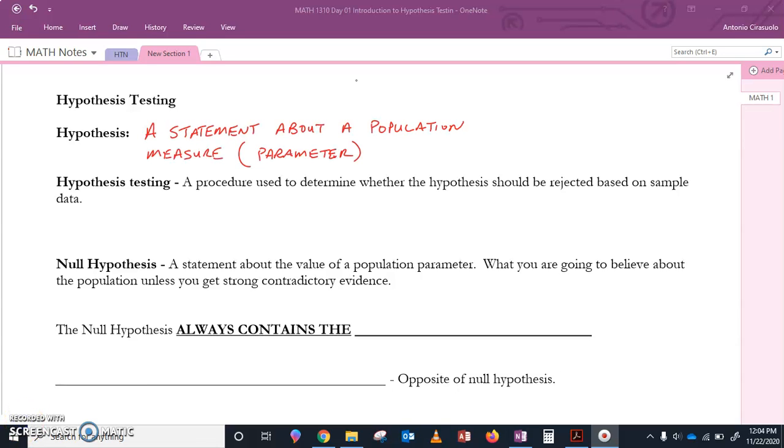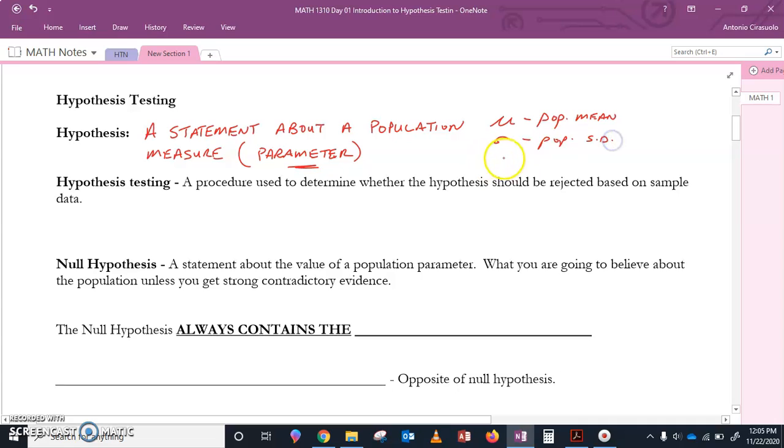In statistics, it's a statement about a population measure, otherwise known as a parameter. For example, the population mean, standard deviation, and population variance are all considered parameters.